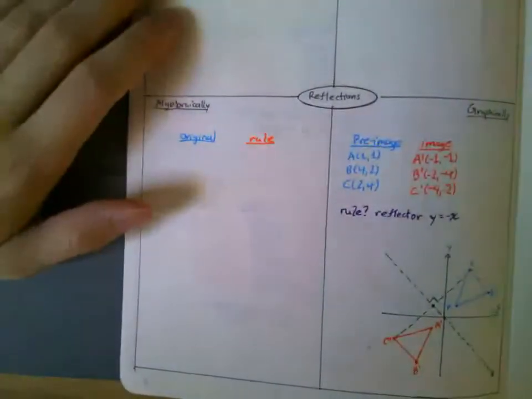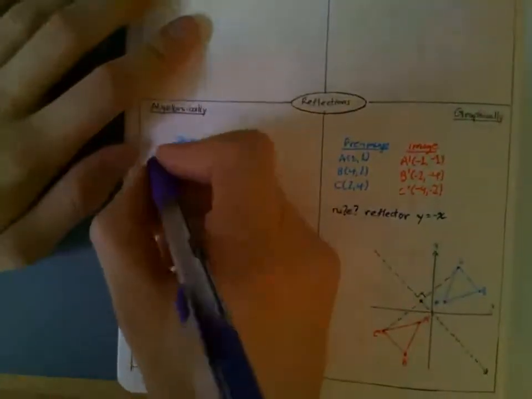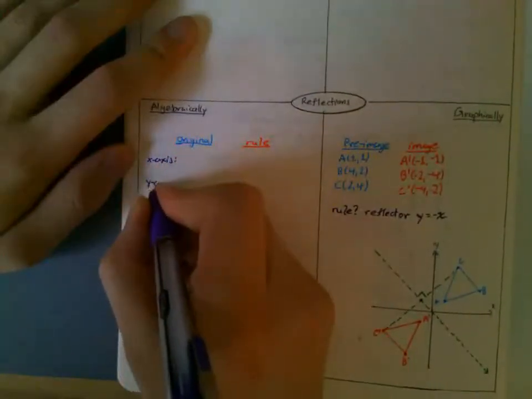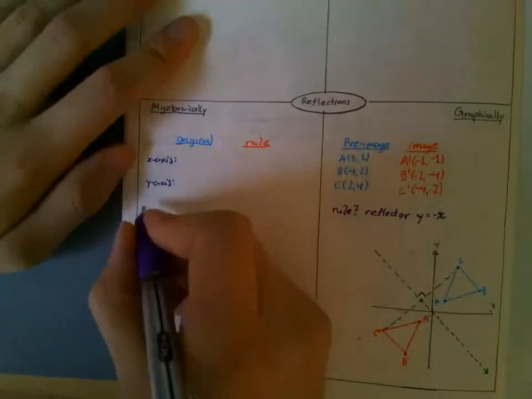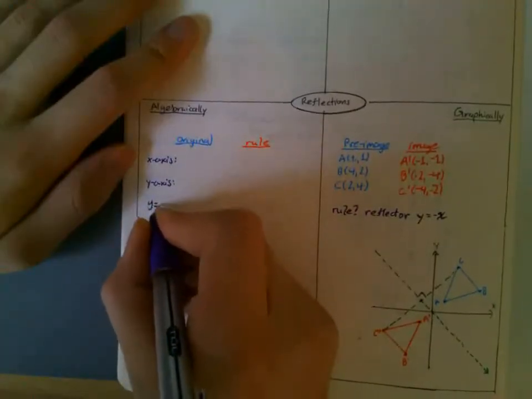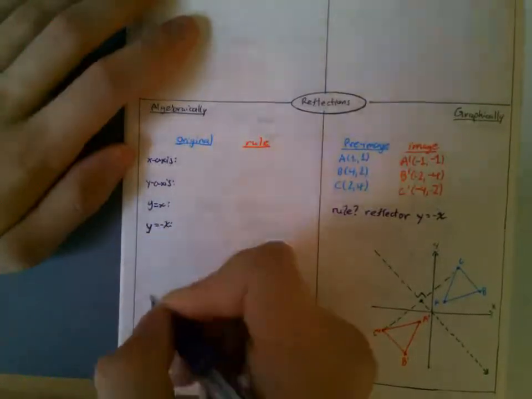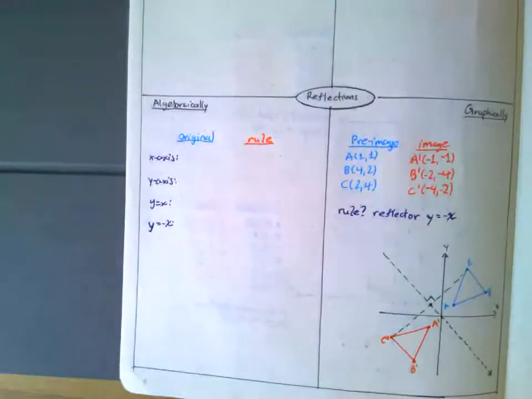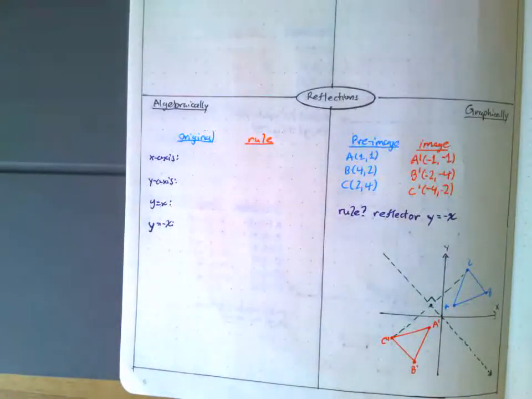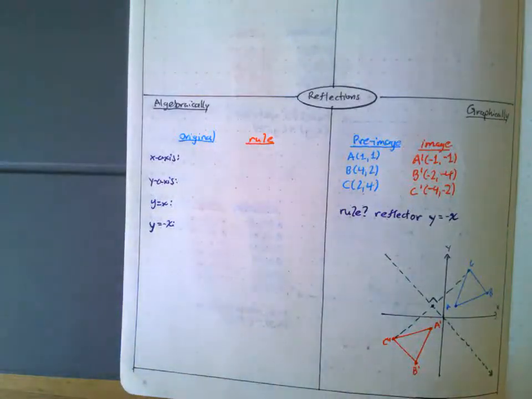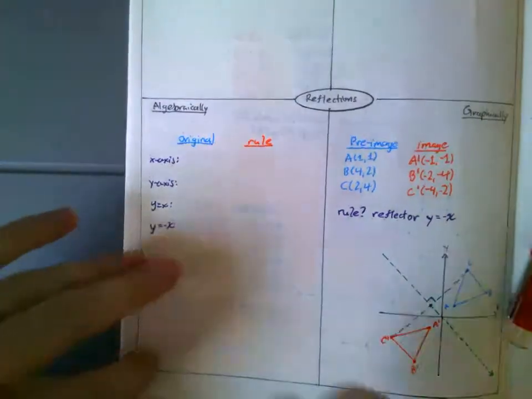And for that, we have, of course, the x-axis, the y-axis, the y equals x, and we have y equals negative x, right? Now, something to keep in mind here is that even though there's only 4, we have others that are implied, which is some y or x equaling some number, where you just essentially reflect it over the line. I'll write those rules in at the bottom here, but for now, here are just the general ones.